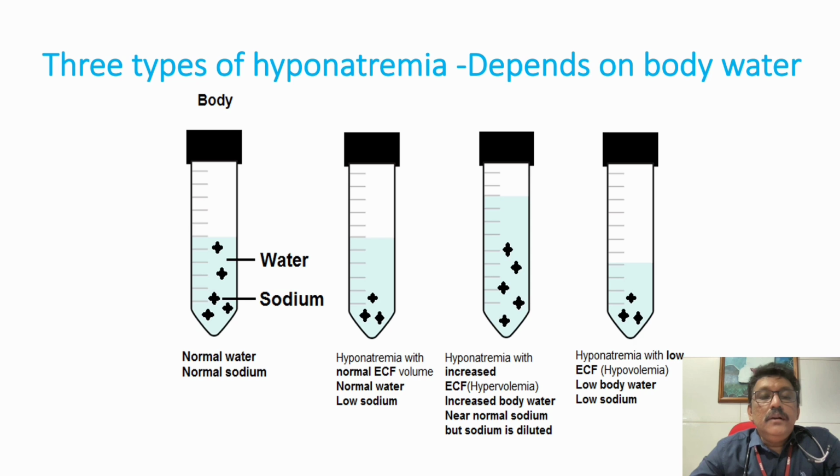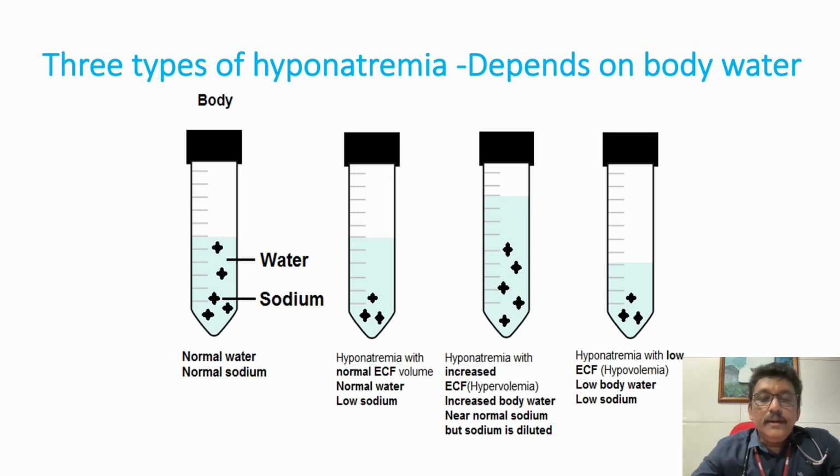That is actual hyponatremia. But in the third test tube, the amount of water is increased, so a relative reduction in sodium is seen in the lab investigation. Actually, this is also a type of pseudo hyponatremia. Here the water level is increased, sodium is normal, but the lab investigation shows hyponatremia.